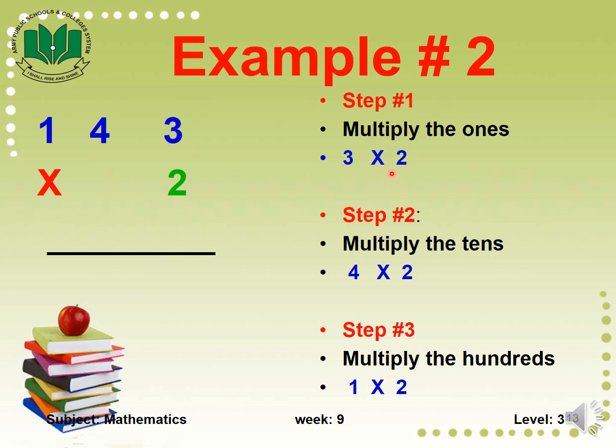When we multiply 3 with 2, the answer is 6. Step number 2, multiply the tens. So we will multiply this 4 at 10's place with this number 2. The answer is 8. Step number 3, multiply the hundreds. Now we will multiply this 1 with this number 2. The answer will be 2. So the total answer is 286.